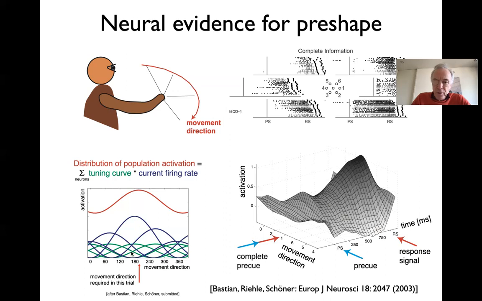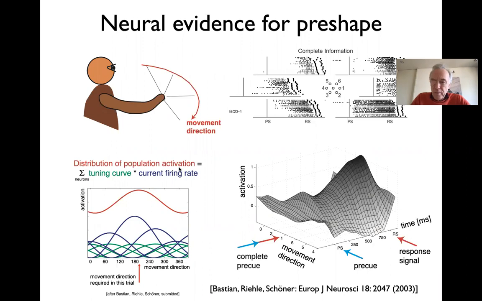So, for instance, these neurons whose tuning curve is maximal around this movement will fire a lot in that condition, and therefore their tuning curve is multiplied with a large factor, while the neurons that are centered somewhere else are multiplied with less. And if you superpose all these curves, you get the red curve that is centered on the current choice. The mean of that distribution is called the population vector. Some of you might have heard that.